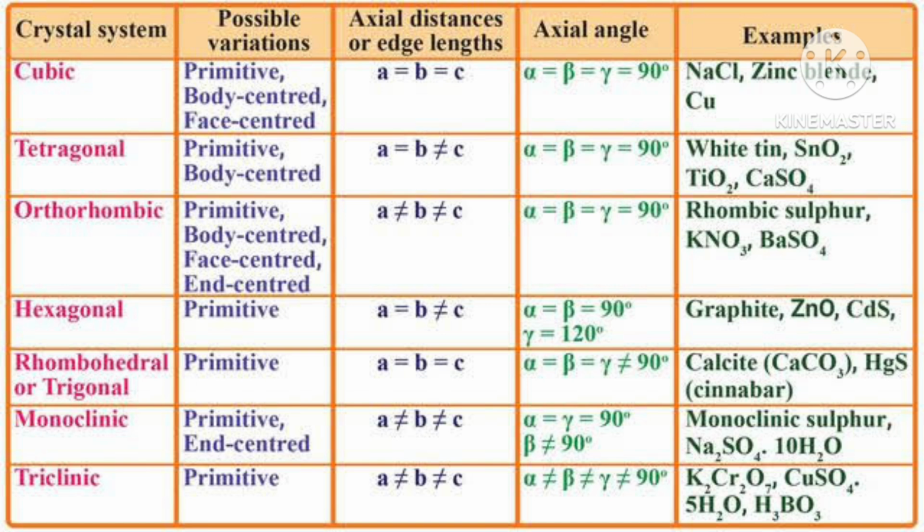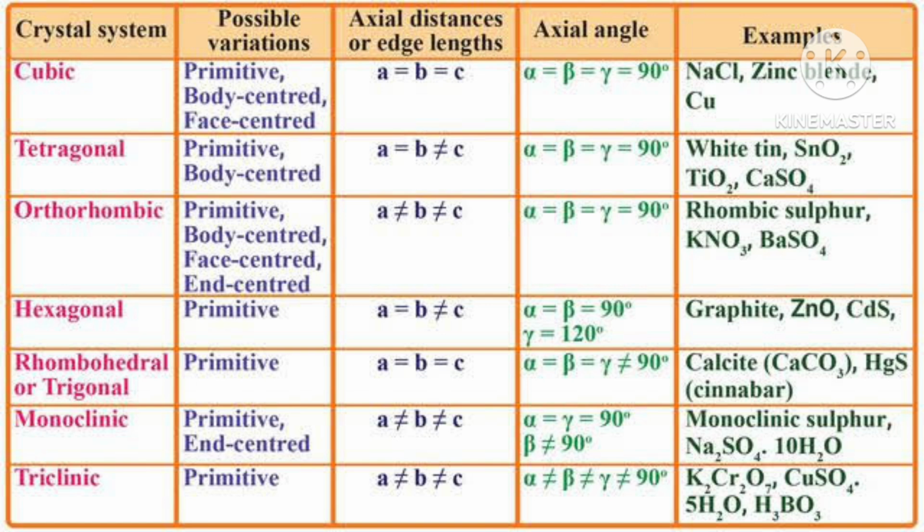In case of the cubic lattice, there are 3 possibilities. Tetragonal 2, then 3 plus 2 is 5, and orthorhombic 4, then 5 plus 4 is 9.